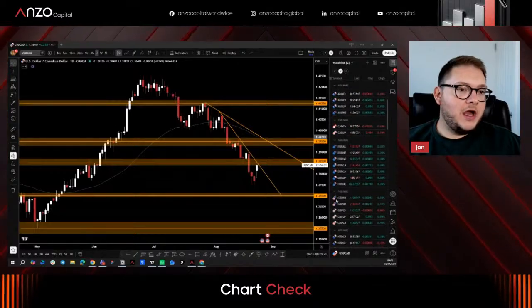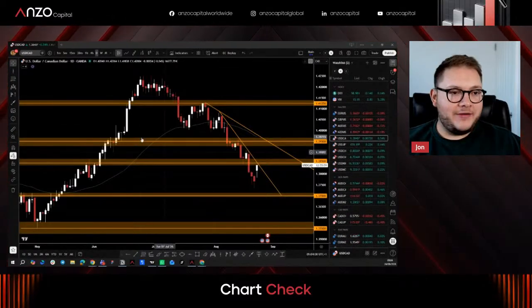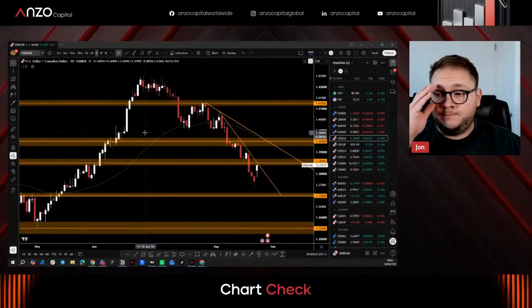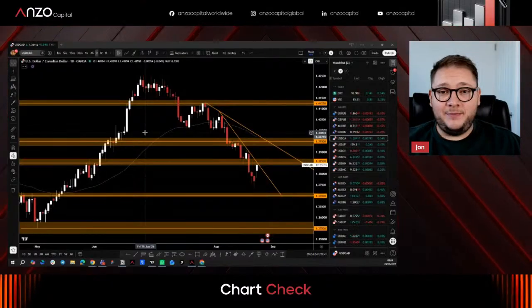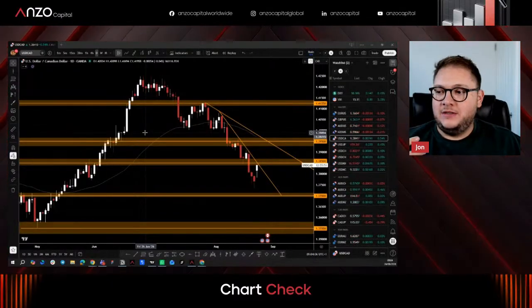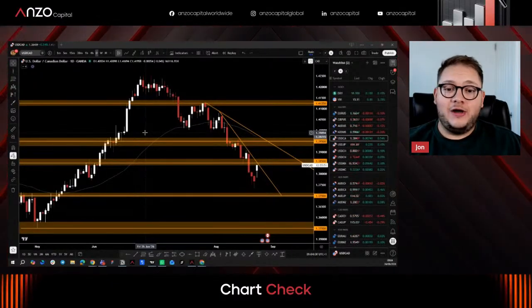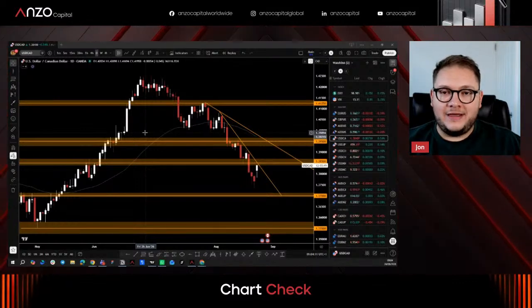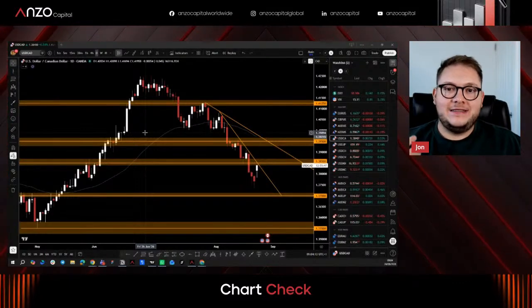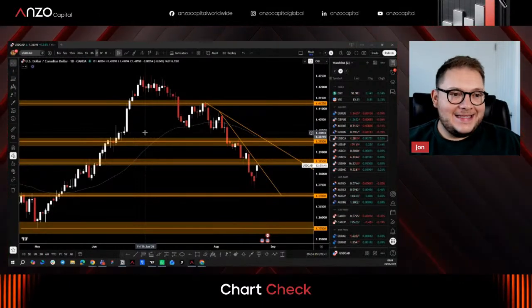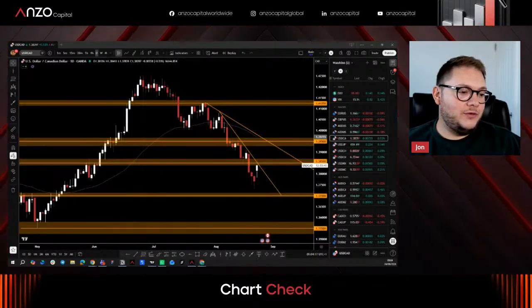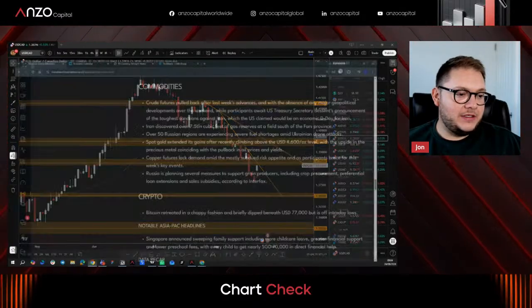So across the board, this is seen as bearish for Canadian dollars. And the big reason behind that is because obviously Canada relies a lot on the US for its business, for its deals. So is this in the best interest for Canada? That is going to be something we're going to discuss today.